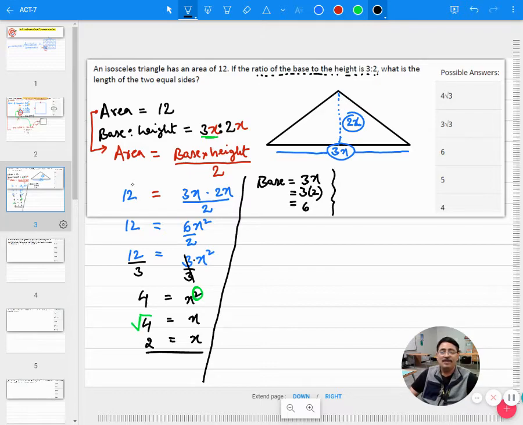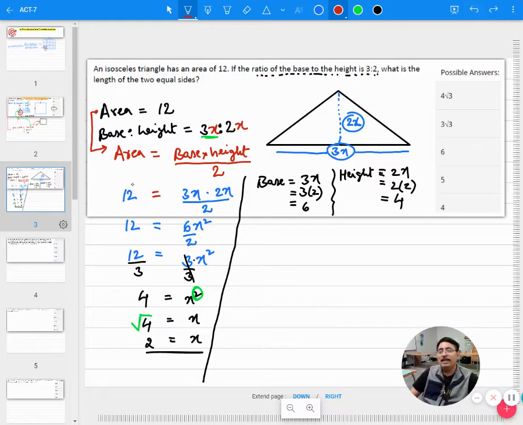Next, height is 2x, which is 2 times, don't forget the value of x is 2 here. Therefore, 2 times 2 gives us 4. But the question is, what are the two sides? What are the two sides here?